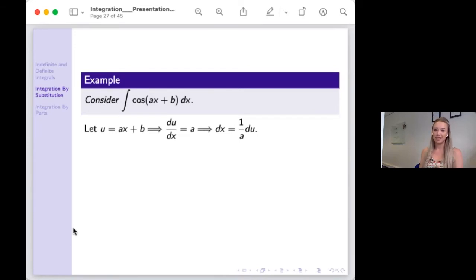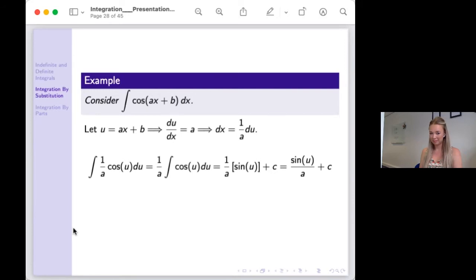So then du by dx is just a if we differentiated that. And if I rearrange that for dx, I'd have 1 over a times du. So if I try the same thing again, just rewriting all of that in terms of u, I've taken that 1 over a out at the start as my constant.